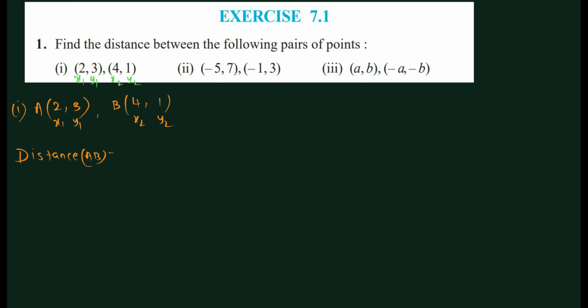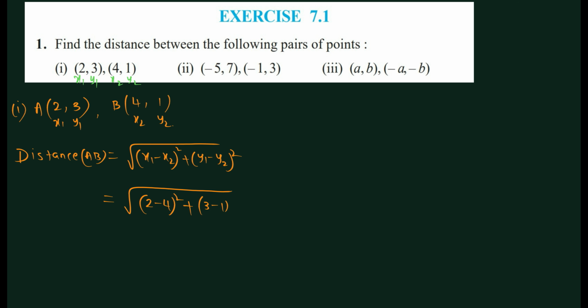use this formula: root over x1 minus x2 whole square plus y1 minus y2 whole square, or x2 minus x1 also we can write. Anyone you can use, no problem. x1 minus x2 is 2 minus 4 whole square plus y1 minus y2, 3 minus 1 whole square. So root over 2 minus 4 is minus 2 whole square plus 2 square.